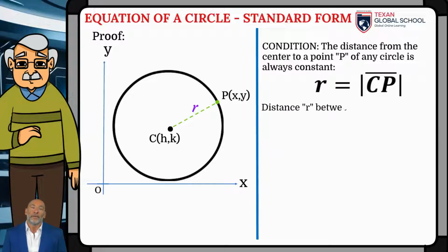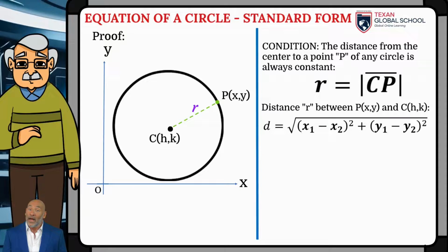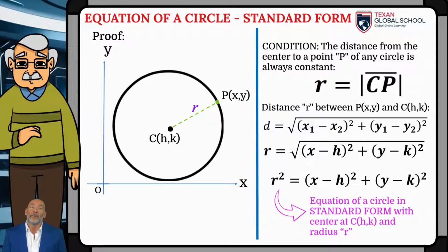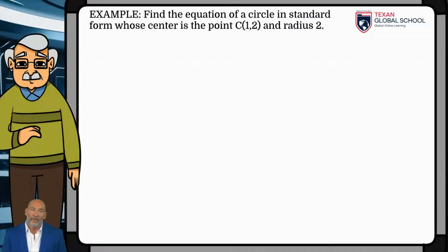Using the formula to obtain the distance between 2 points, calculate the radius, or distance between points P and C. When substituting values in the formula, results that the radius, r, is equal to the square root of x minus h, squared plus y minus k, squared. So, we obtain the equation of a circle in standard form, whose center is the point C, with coordinates h, k, and radius r. Let's look at the first example.